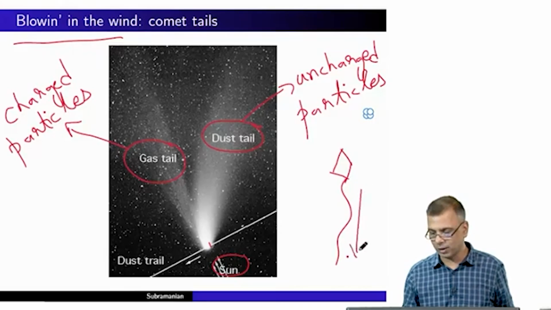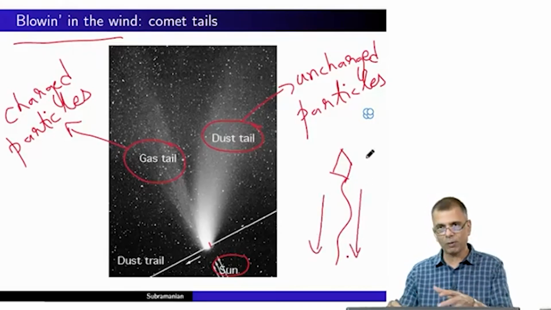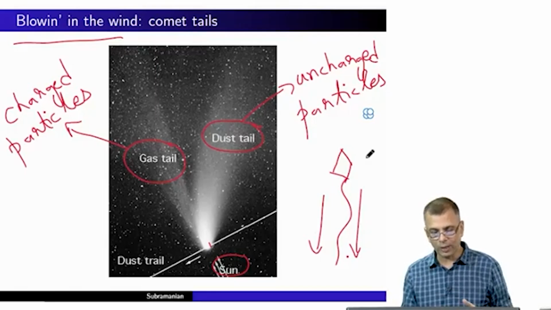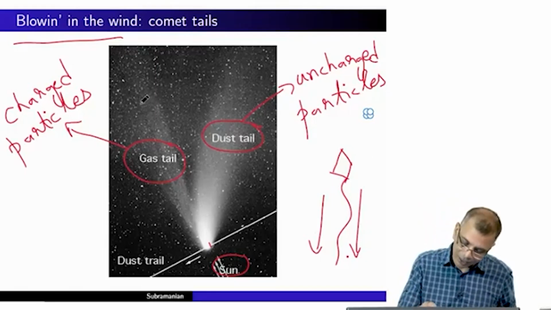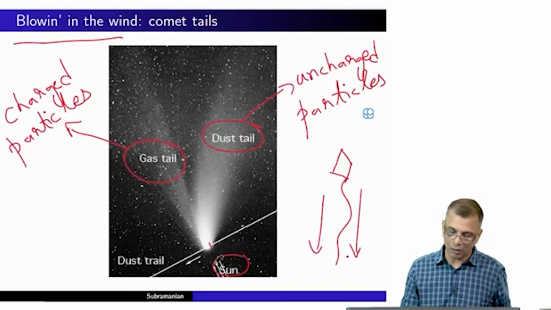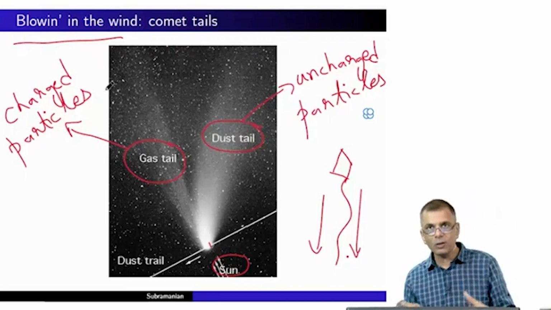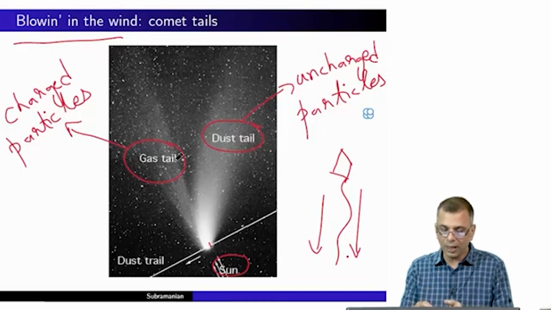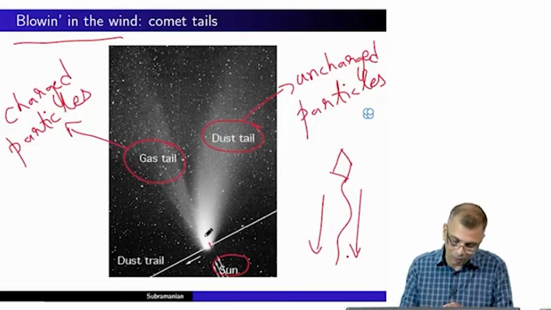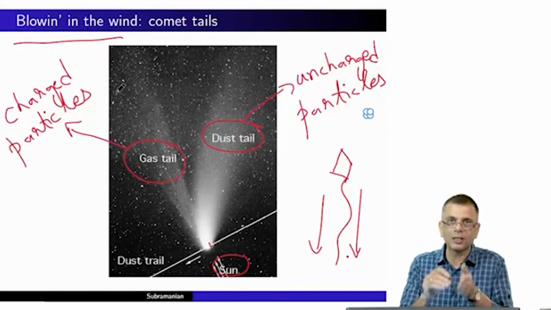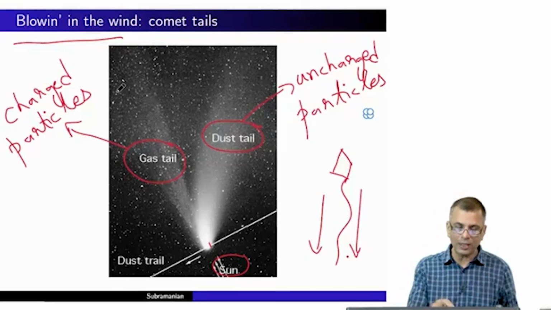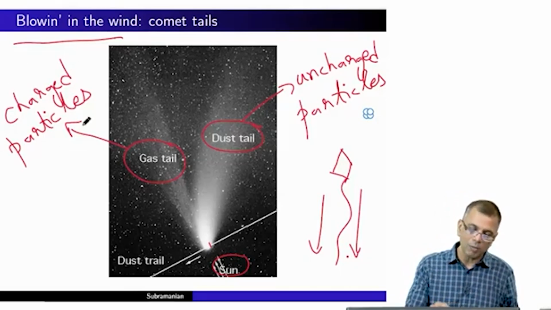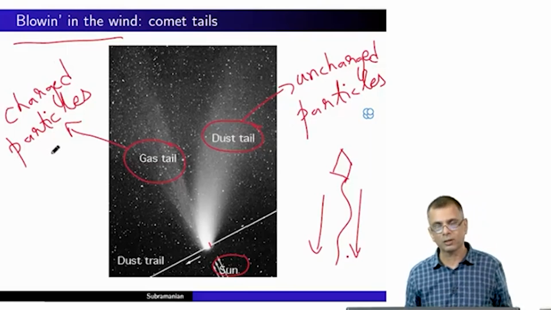If the wind is blowing like this, the tail of the kite will be pointing along the wind, and that's exactly what gas tails seem to do. They're always pointing away from the sun. It's almost as though there's a wind blowing away from the sun, and that is influencing the tail of the comet, more specifically the tail which comprises charged particles.